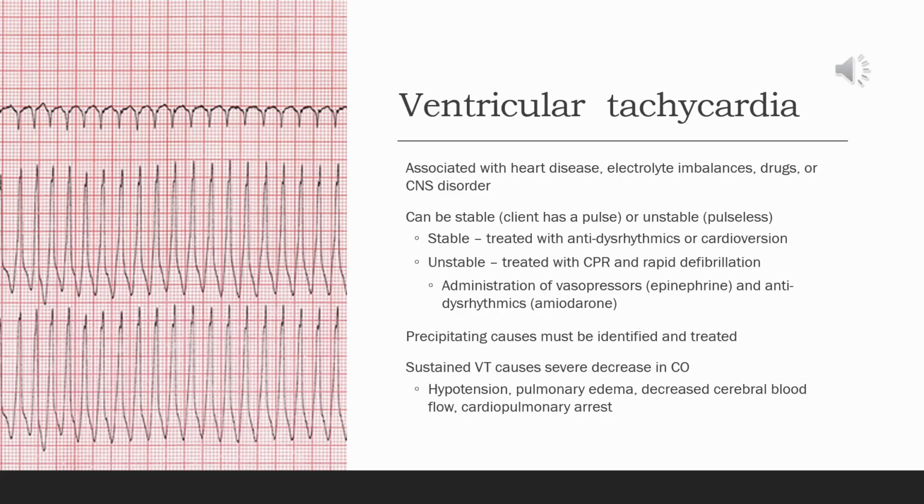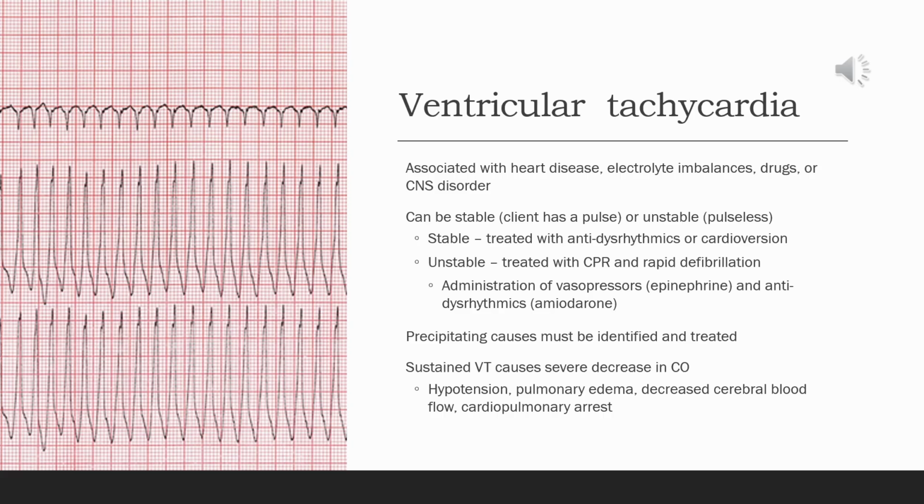With this, we follow ACLS protocols, which is Advanced Cardiovascular Life Support, set forth by the American Heart Association. Through this, we follow their algorithm, and it's to administer epinephrine, 1 milligram IV push every 3 to 5 minutes, defibrillate, that's the biggest thing, and we're doing CPR while this is going on.